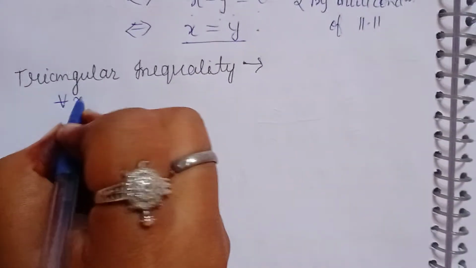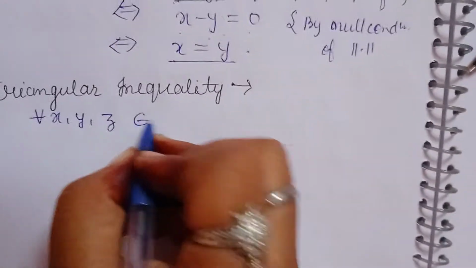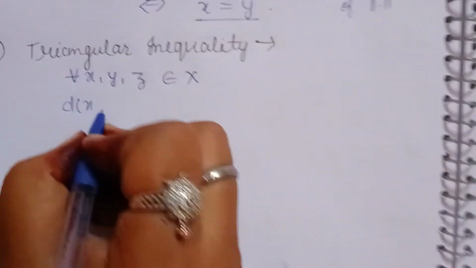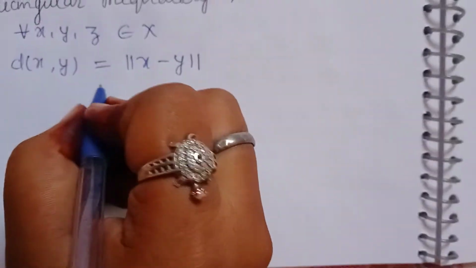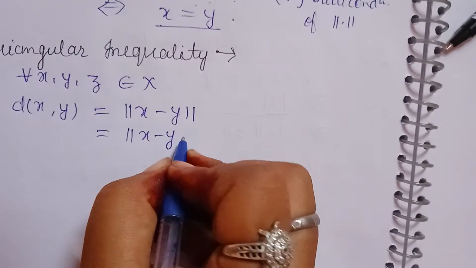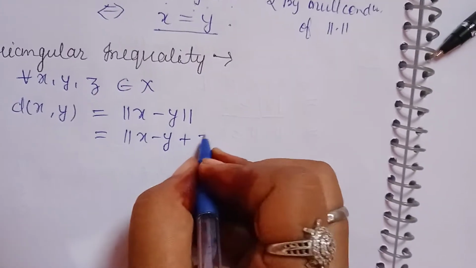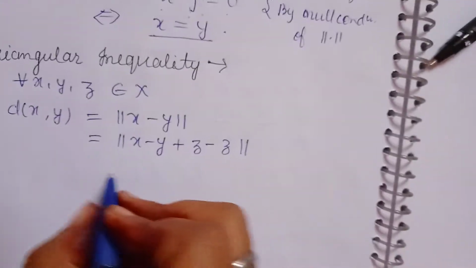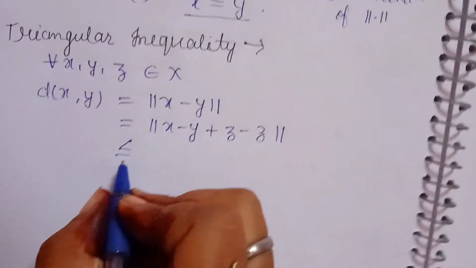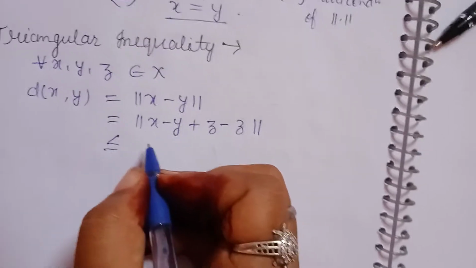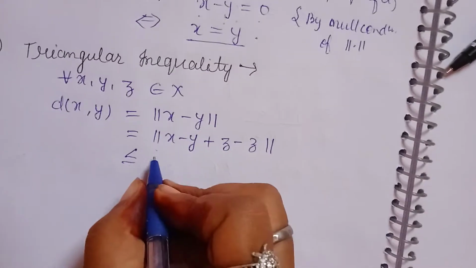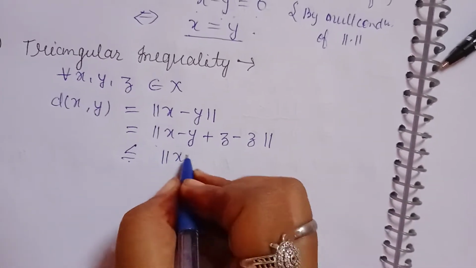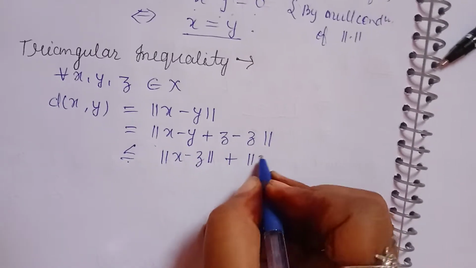In the triangular inequality, we take three elements, for all x, y, z that are elements of X, such that d(x,y) is equal to norm of x minus y, which is equal to norm of (x minus z) plus (z minus y), and this is less than or equal to, by the definition of norm which satisfies the triangular inequality, norm of x minus z plus norm of z minus y.